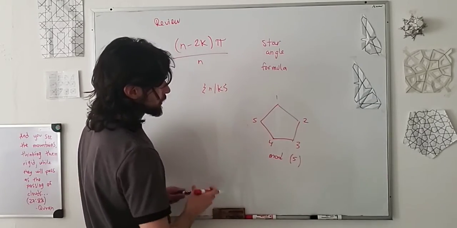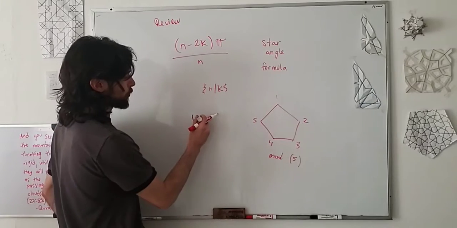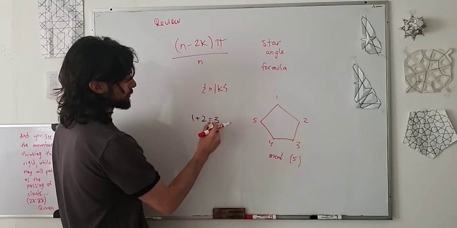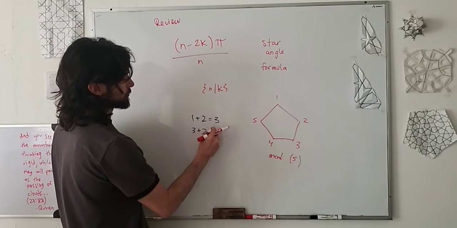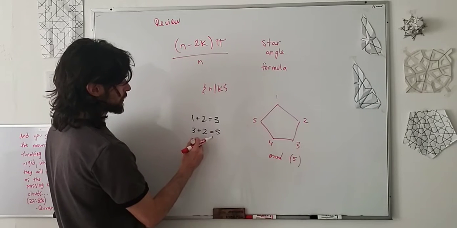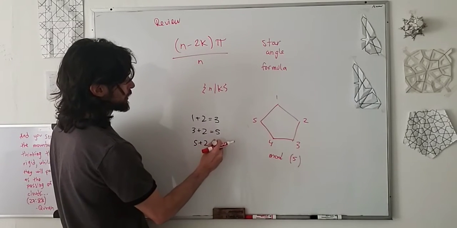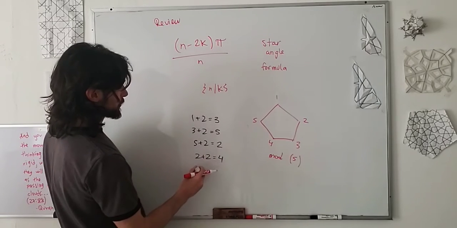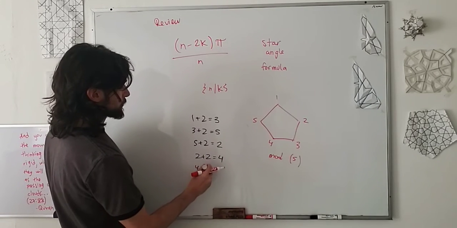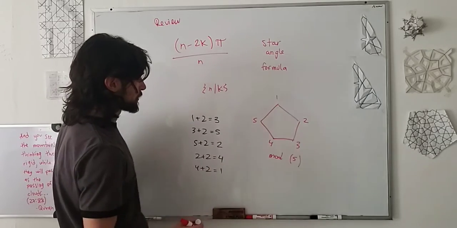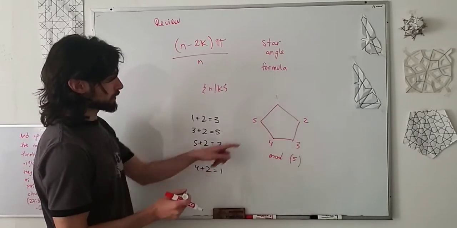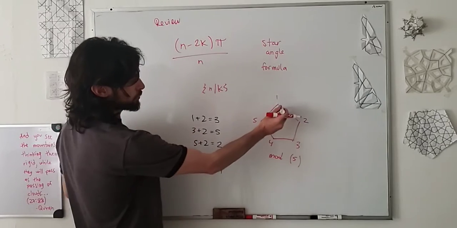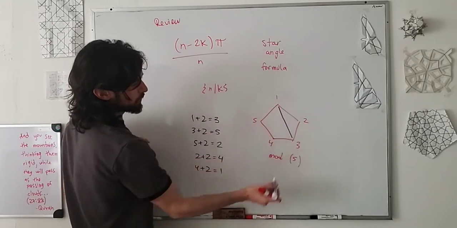So we can say something like: 1 plus 2 equals 3, 3 plus 2 equals 5, 5 plus 2 equals 2, 2 plus 2 equals 4, and 4 plus 2 equals 1. The way this works is that if you start with 1 and add 2, you go to 3.